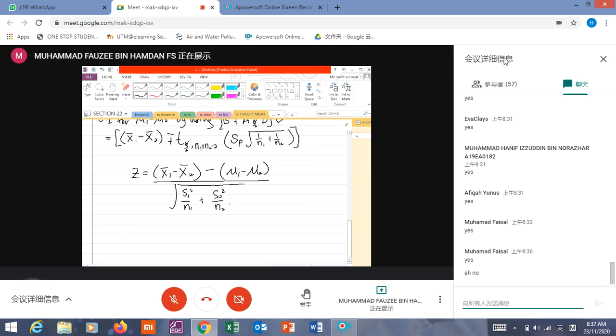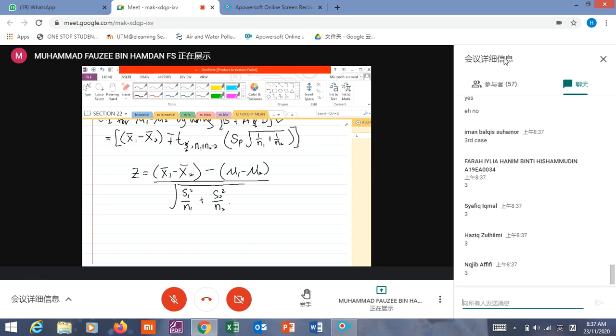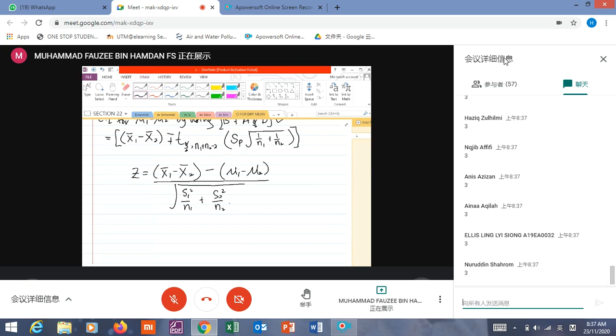So this formula belongs to case number 3. How do you know this is case number 3?